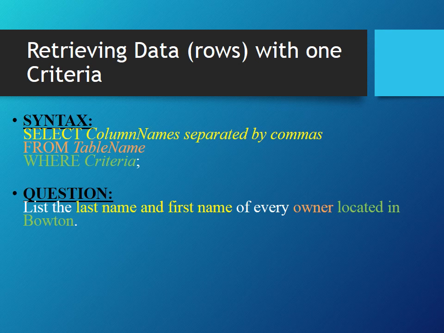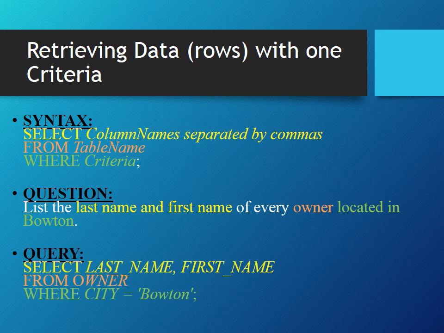The last name and first name are our needed columns. The owner is the table and the criteria we need is Balton. Let's look at the query. Select last name, comma, first name from owner, where city equals Balton.